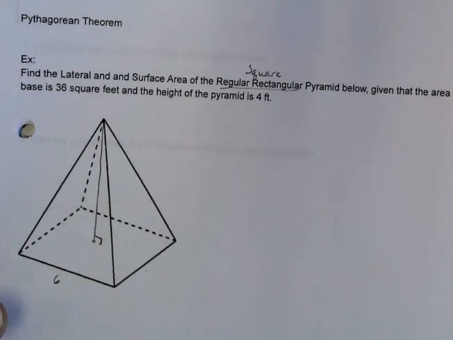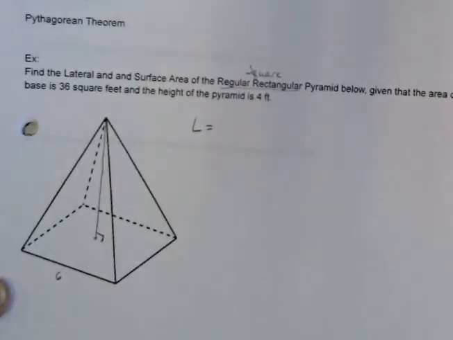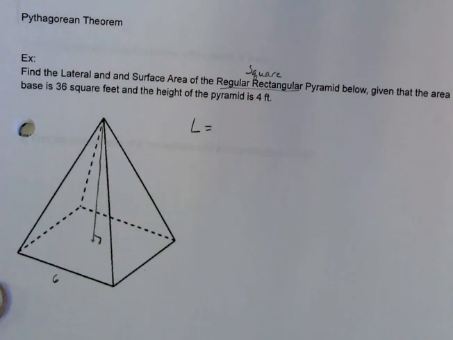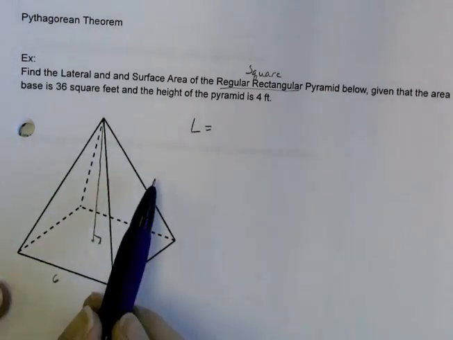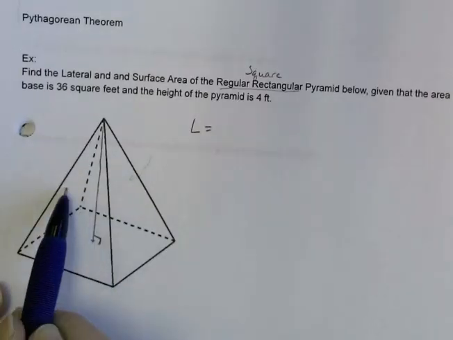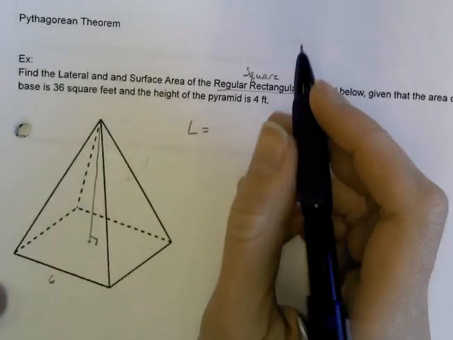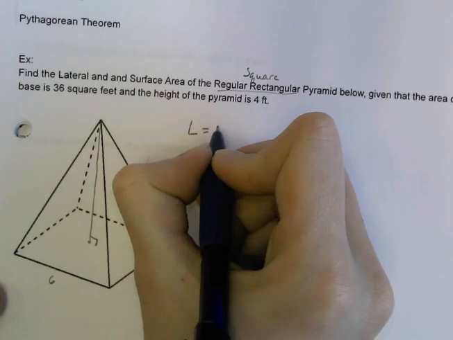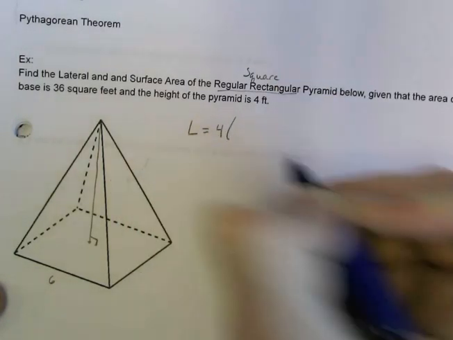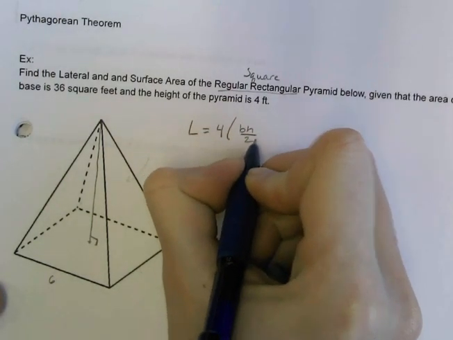Okay, well the lateral area, remember, is the area of all the lateral surfaces, or everything except the bases. So my lateral surfaces in this pyramid are everything except the square. So I have 1, 2, 3, 4 triangles that make up this lateral area. So remember, I have 4 of them, and the area of one of those triangles is base times height divided by 2.